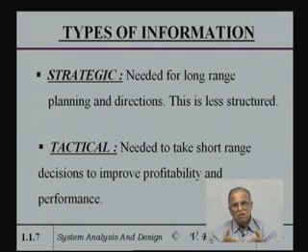So it is required for long range planning, but some of it also comes from operational information. For example, if you have a railway reservation system, you primarily have from that system which trains were crowded, which trains were not crowded, and things like that.